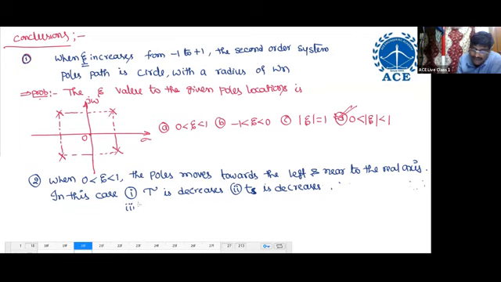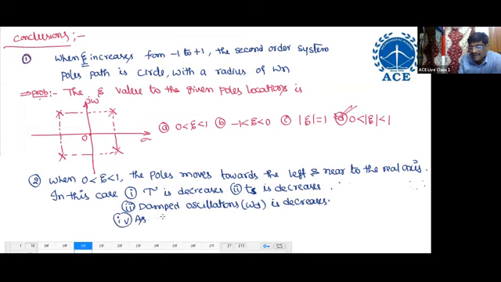Damped oscillations, omega d decreases. As omega d decreases, what happened?